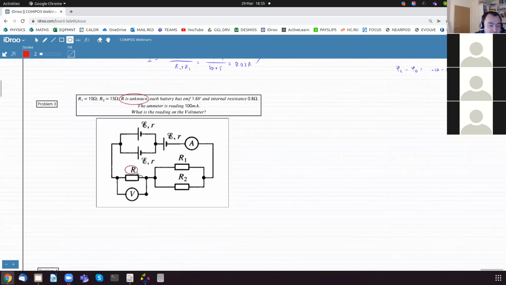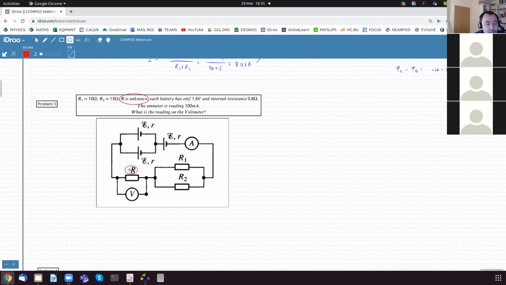However, we do know the current, and we need to find the voltage on the voltmeter. The thing is that if you knew the resistance, then you immediately know everything.